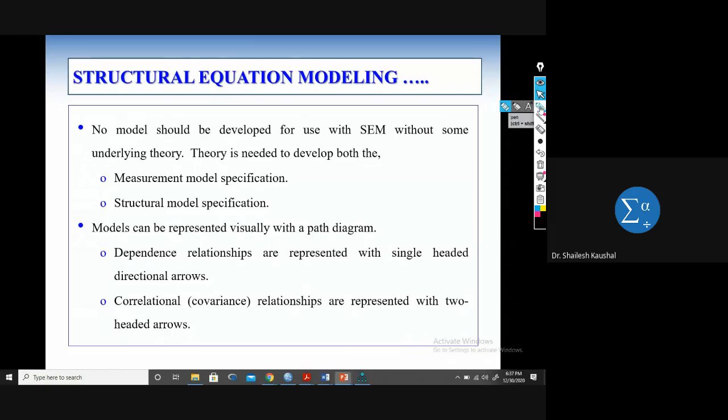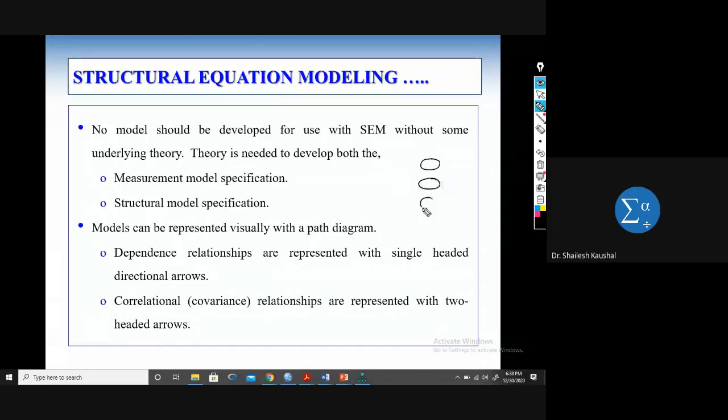What does measurement model specification mean? This is my measurement model specification.